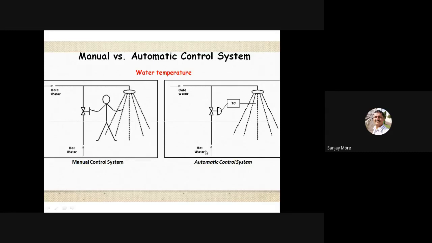This is the automatic control system. See the difference between manual control system and automatic control system. Manual control system means supply or mixing of hot water with the help of this control valve, while in the automatic system hot water is mixed into the cold water with the help of this temperature control device.